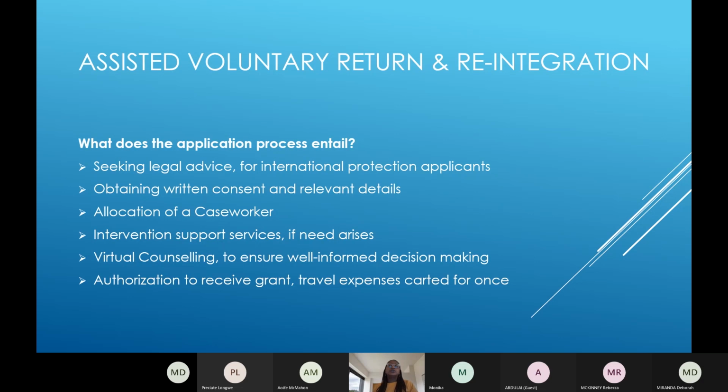And this might include some people who might have, for example, sugar diabetes or hypertension or mental health issues that might need to be attended to.